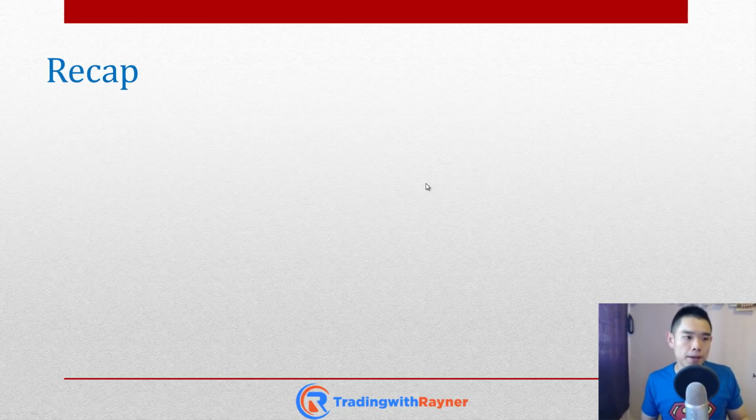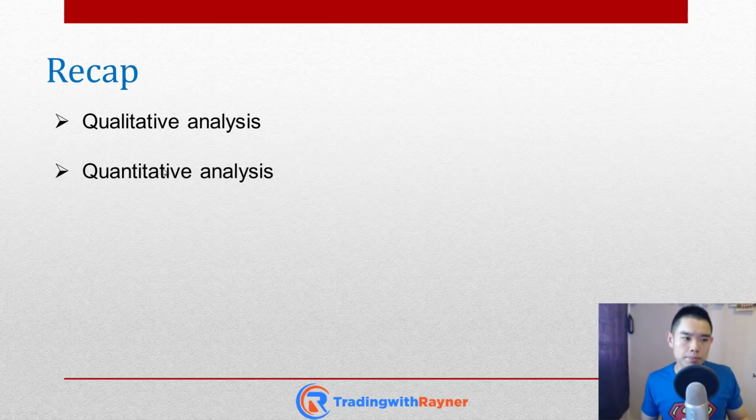So as a recap, there are two types of analysis: qualitative and quantitative. I just want to talk a little bit now about the pros and cons of both of these approaches. For qualitative fundamental analysis, the pro is that if you can digest information and make sense of what's going on in the world and the company, you can gain insight that not many traders or investors will see.